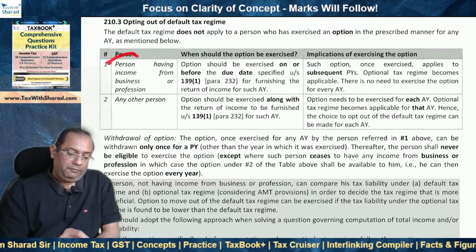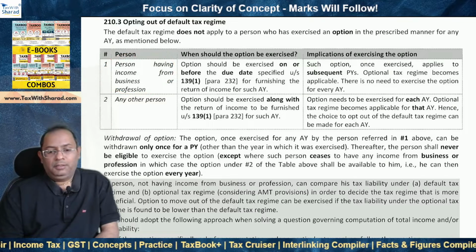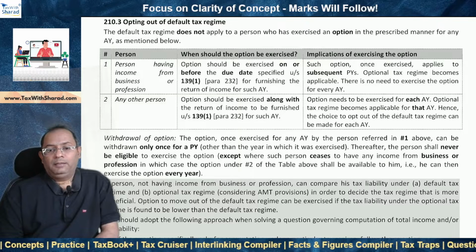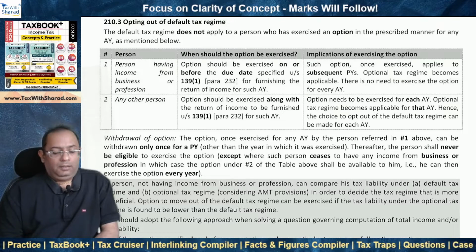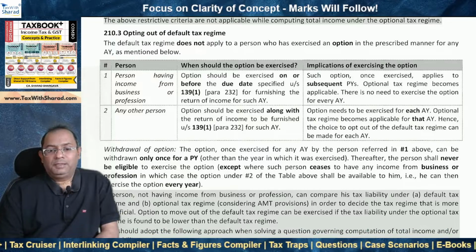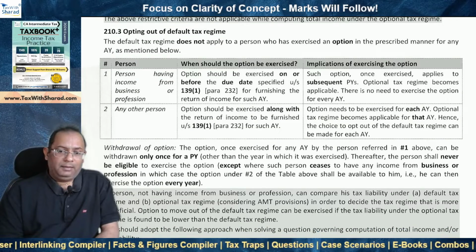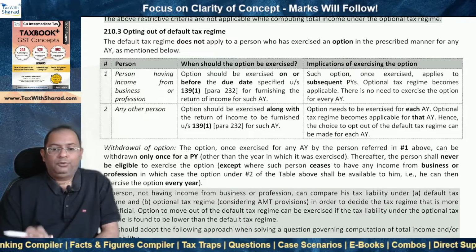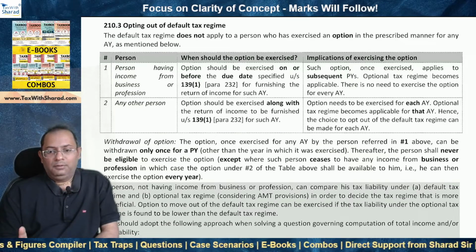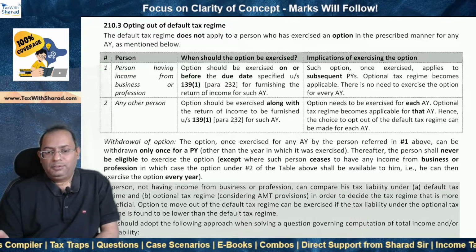So if you find that in the question there is PGBP income, and if you find ultimately that the provisions of optional tax regime are more beneficial to the assessee, you would like to mention that the assessee should opt out of the default tax regime because the tax liability under the optional tax regime is lower.